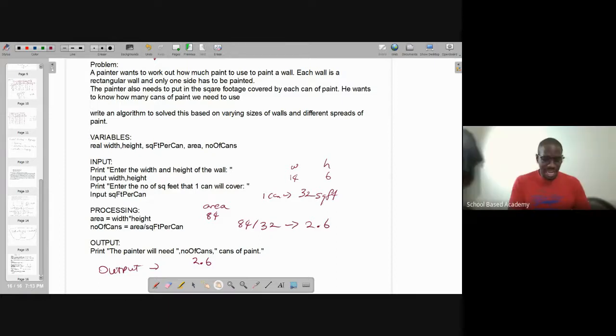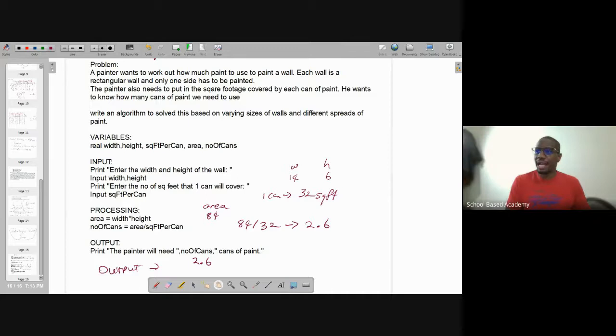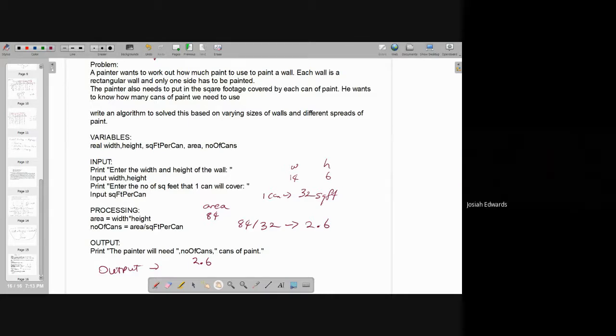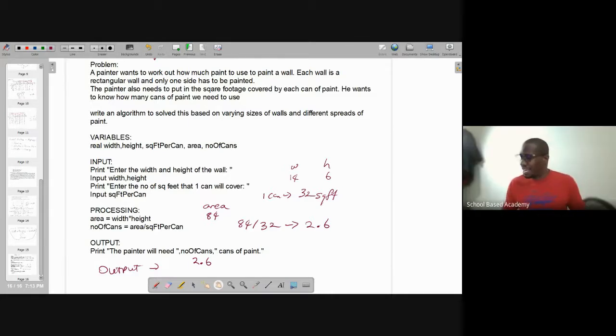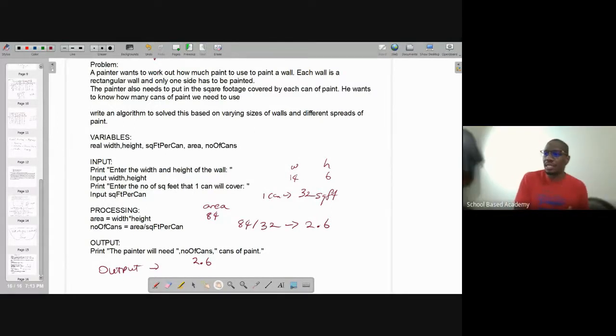Something like that. Not the modulus, that will just give 0.6. So we have to figure out a way that says, if we have some floating point value in our answer, then remove that floating point value and add 1 to the answer.